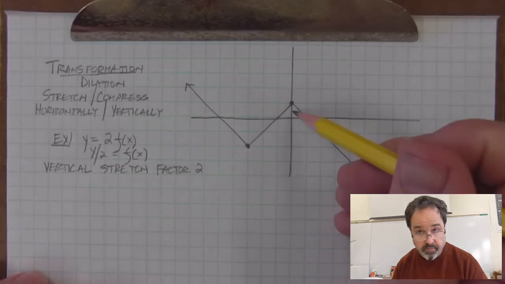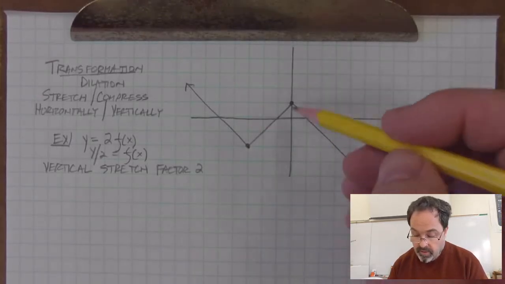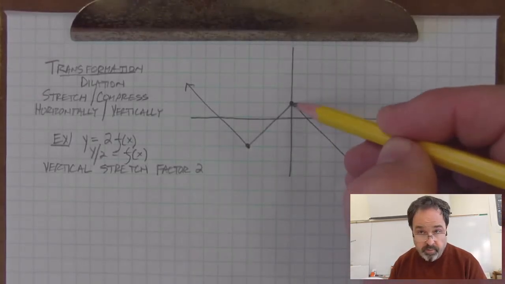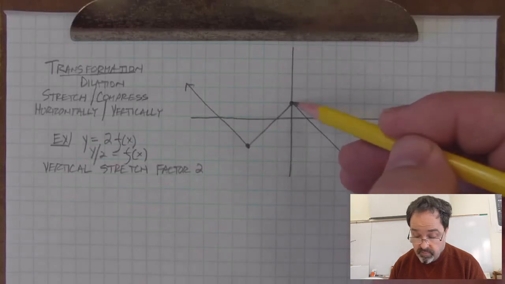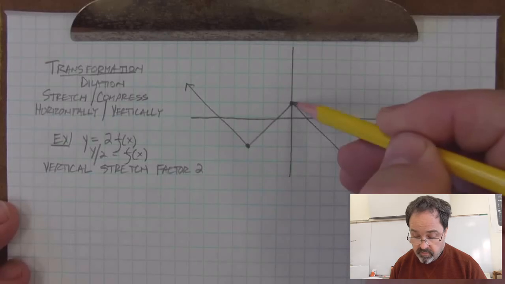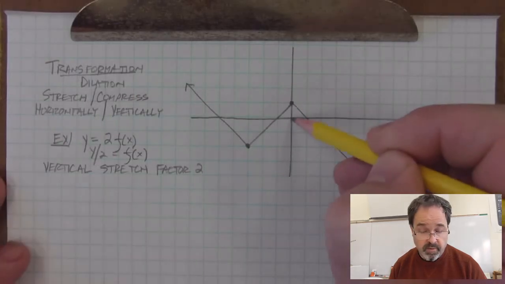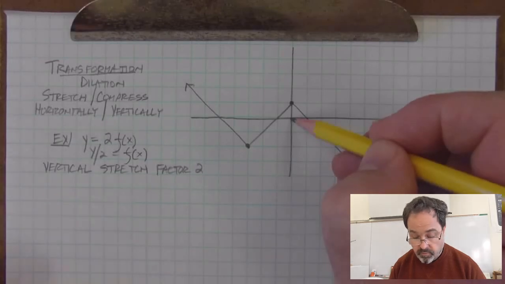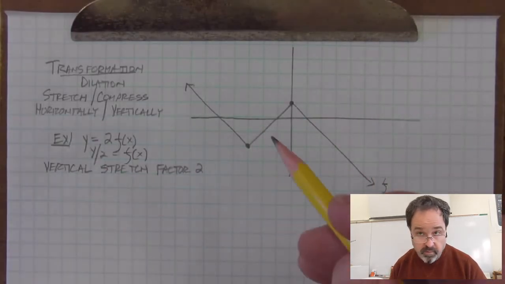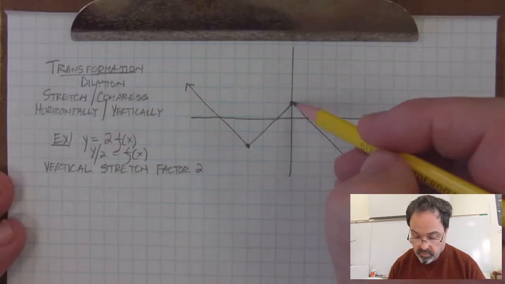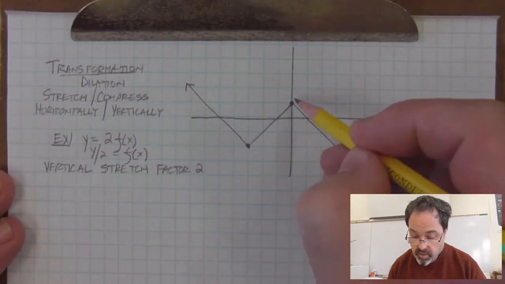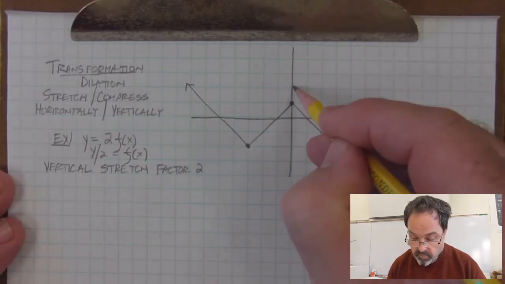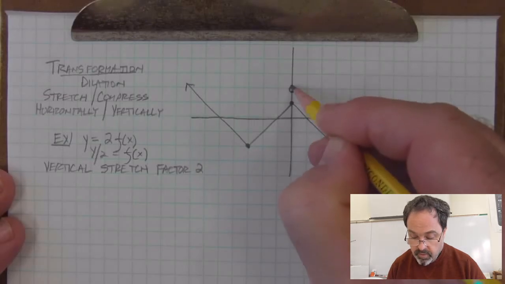So what does that look like on the graph? If I have a point here at 1, the vertical distance is the y value of that point, or the distance between it and the horizontal axis. So a vertical distance, if it's going to stretch by a factor of 2, is going to stretch to become a distance of 2. We can think of this point stretching out and locating here.